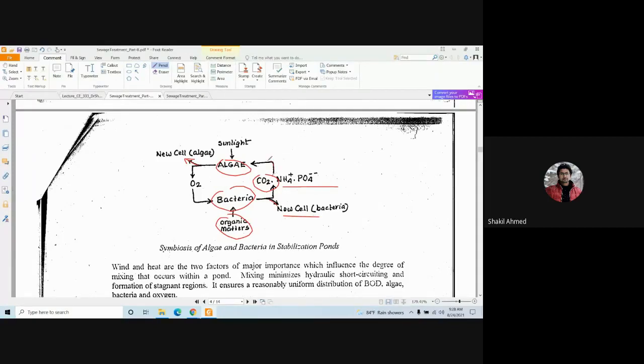And this carbon dioxide is used by the algae. So this is important, okay? Symbiosis of algae and bacteria in a stabilization pond.